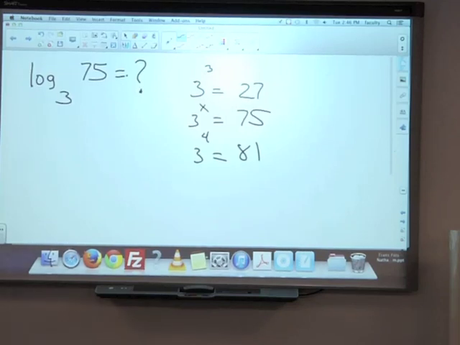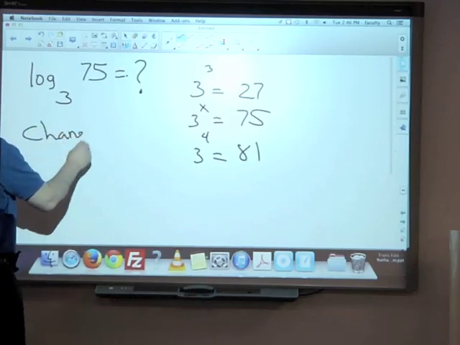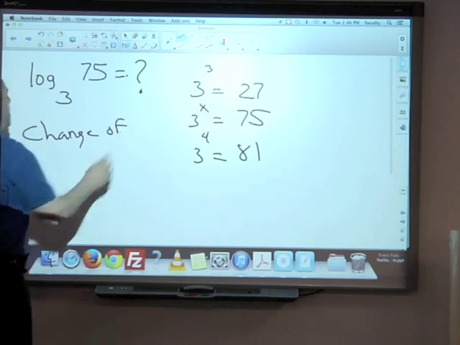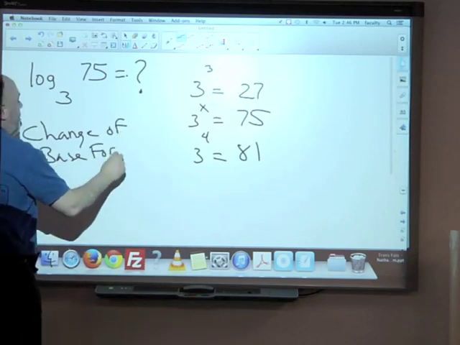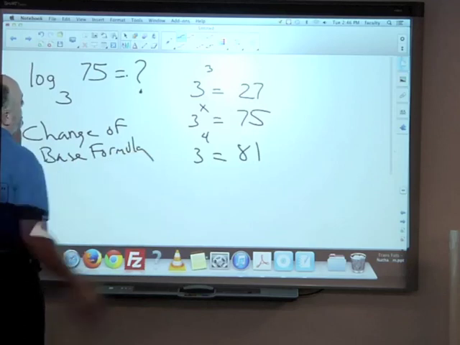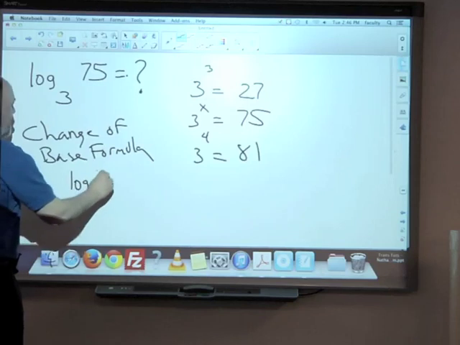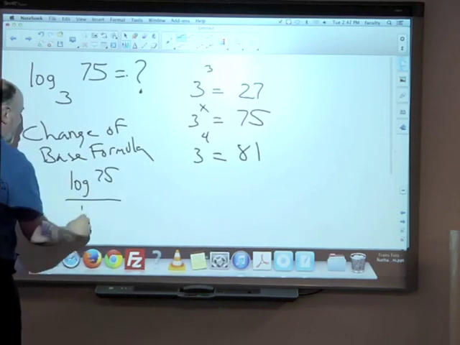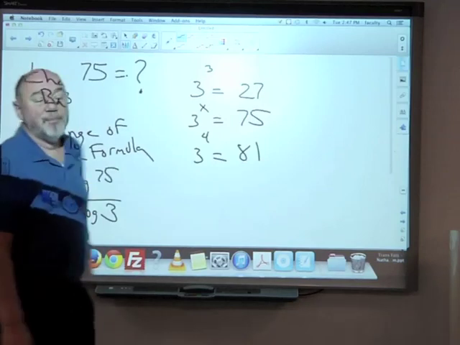The way I get my answer is fairly simple. We use what is called the change of base formula. So for this, it ends up just being the log of 75 over the log of 3.